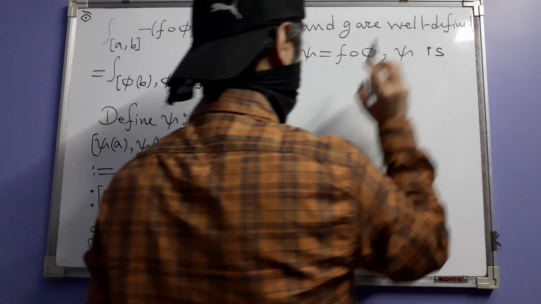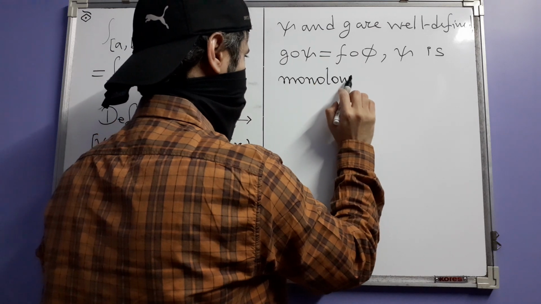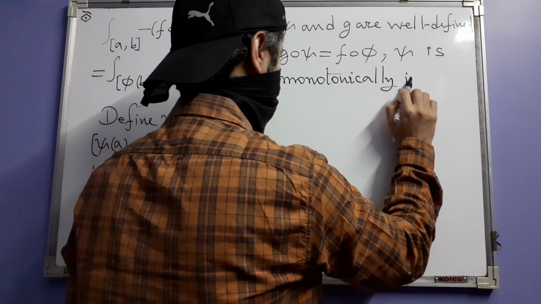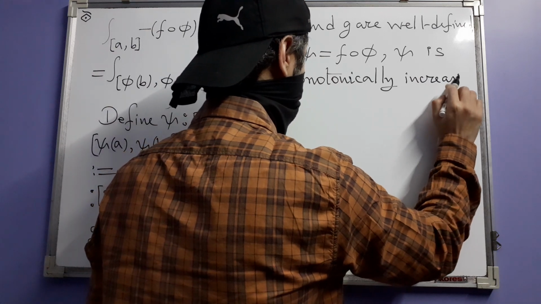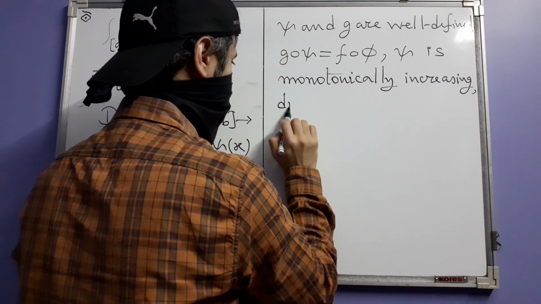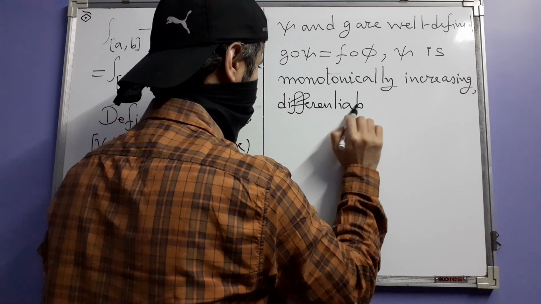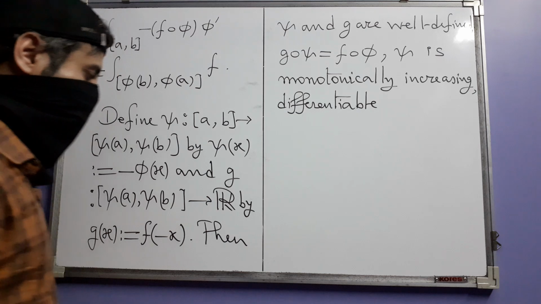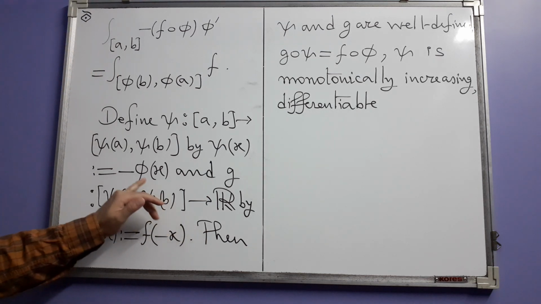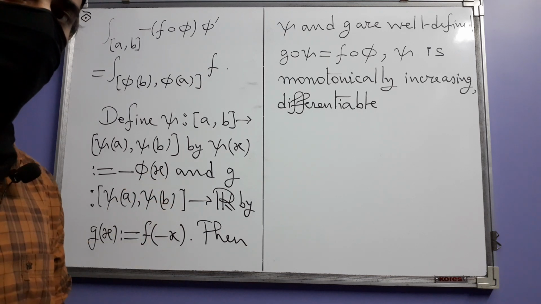Psi is monotonically increasing. Okay, psi is differentiable. It is very easy to see why psi is differentiable, because psi is just the negative of another differentiable function phi.